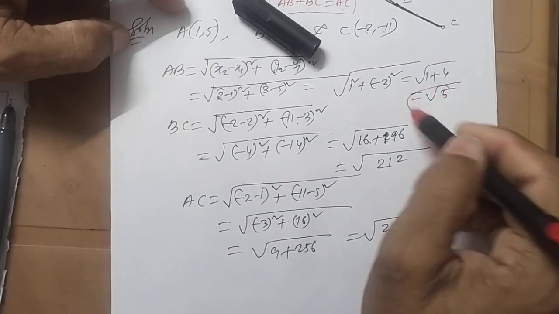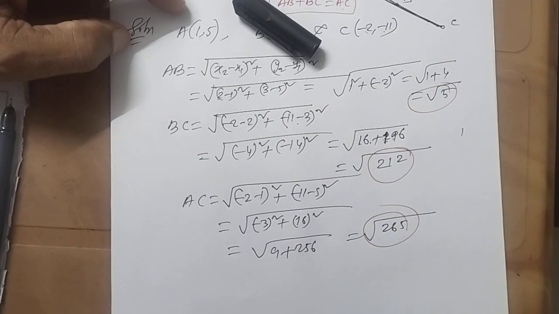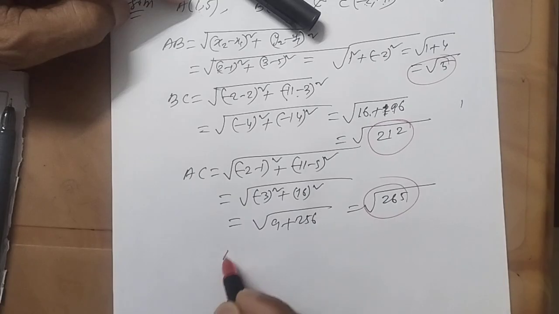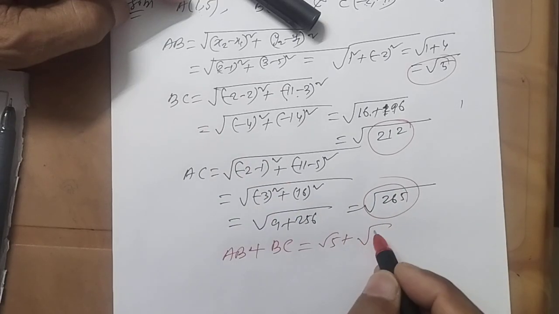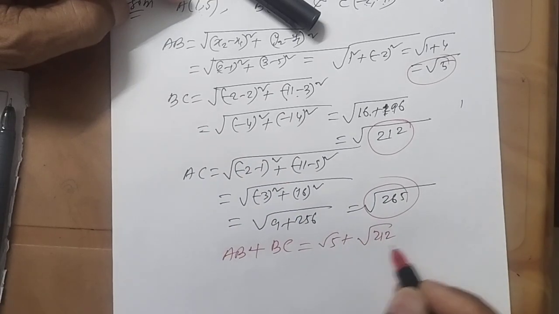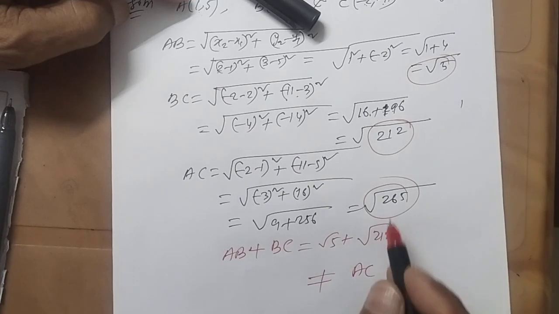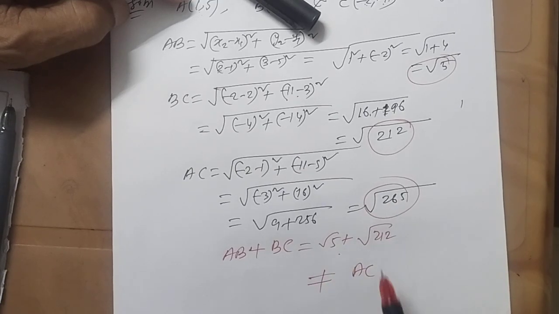Look, this is AB, this is BC, this is AC. Are they satisfying AB plus BC equal to AC? AB is root over 5, plus BC I got root over 212, and AC I got root over 265. It is not equal to AC. So they are not satisfying this condition.